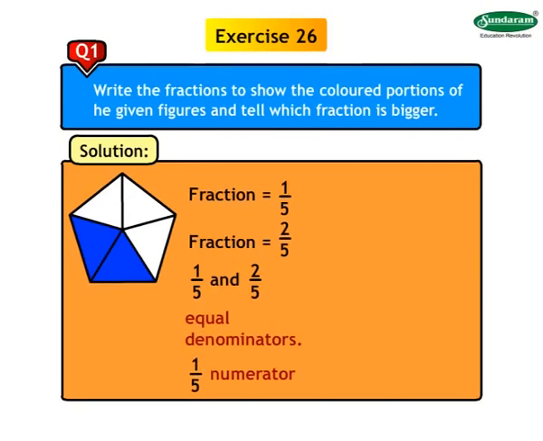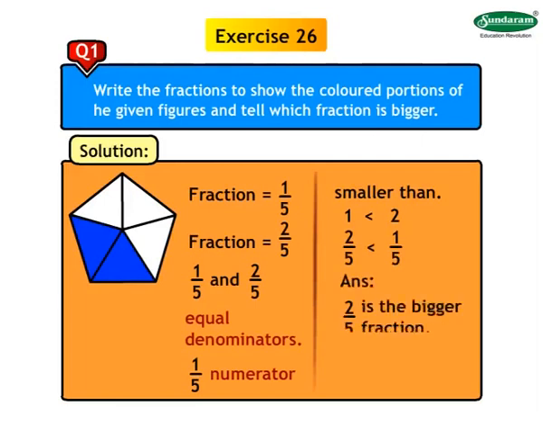That is, 1 is less than 2. Hence, the fraction 1 upon 5 is smaller than 2 upon 5, or 2 upon 5 is greater than 1 upon 5.